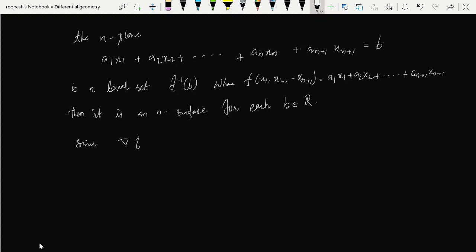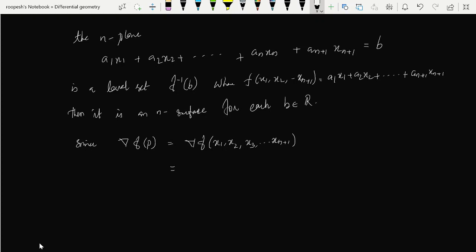Since del f of p is equal to del f of x at p, where p is (x1, x2, x3, ..., x_{n+1}), what should it be?